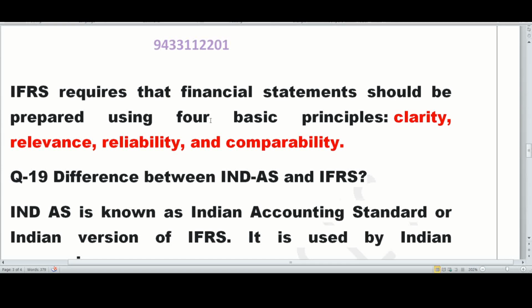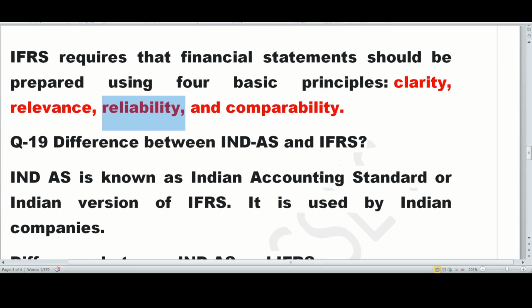So reliability is a very important factor right now, and I should say the government is heavily trying that the financial statement must be reliable.